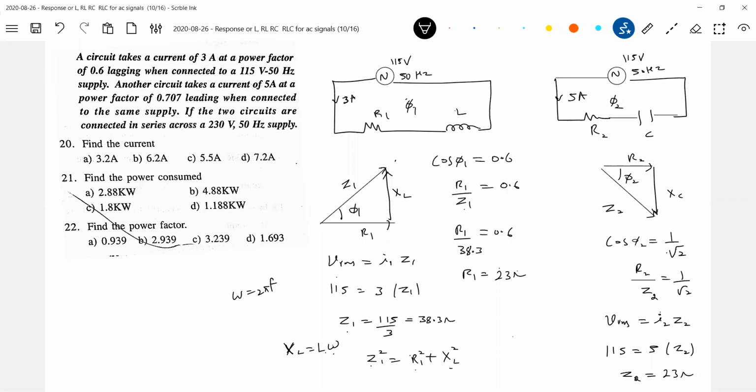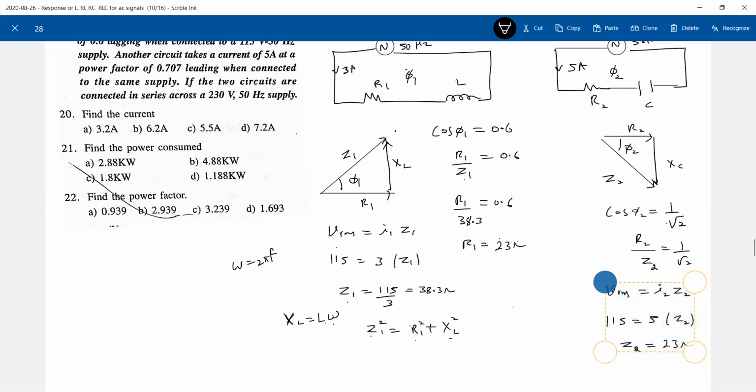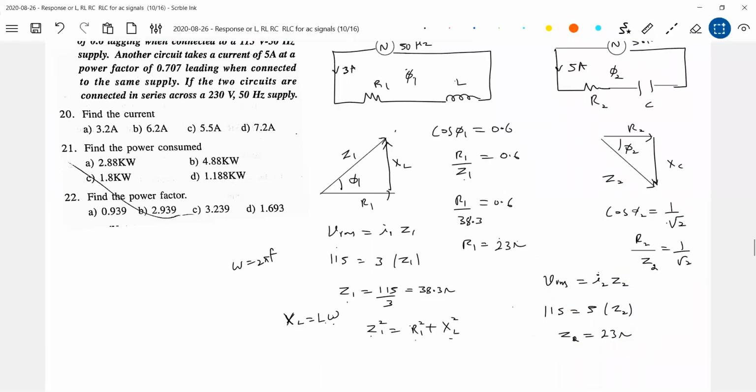Anybody got the value of R2? 23 into cos phi 2, 16.26.